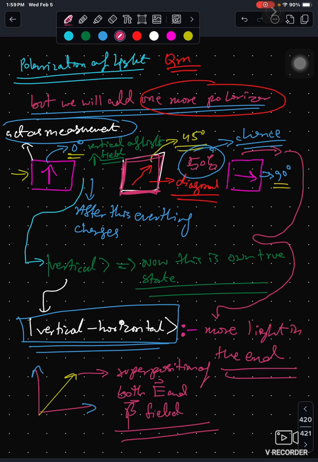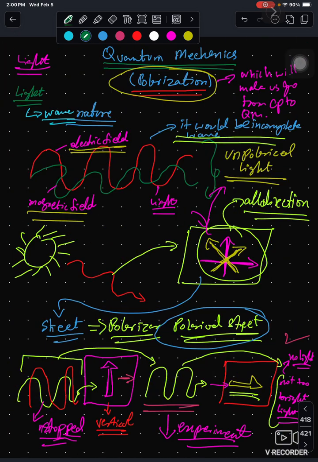Since we will have more light now, you can say that this diagonal polarizer is a savior, right? It saved that small amount of light for us to have a bright spot at the end as compared to this one.